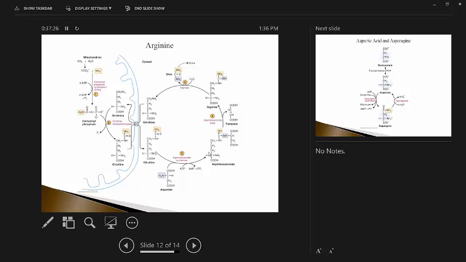So this is a guanidino group, and that's really important, okay? And we end up cleaving it by arginase and make ornithine in this process. So effectively we make arginine, and it's only in youths and in disease when you don't have enough arginine being made that you would probably synthesize ornithine and do it that way, okay?